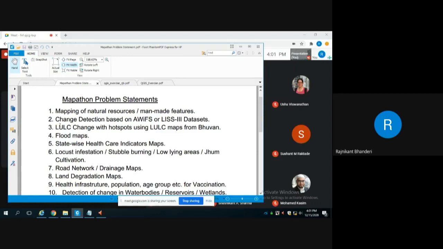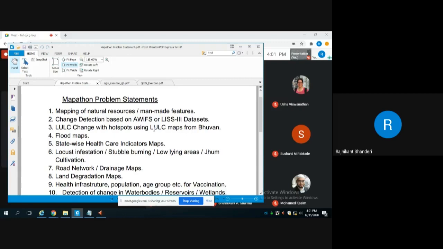Then the third one is LULC, land use land cover change with hotspots, using land use land cover maps available from Bhuvan. We have on Bhuvan 250,000 scale as well as 50,000 scale datasets.